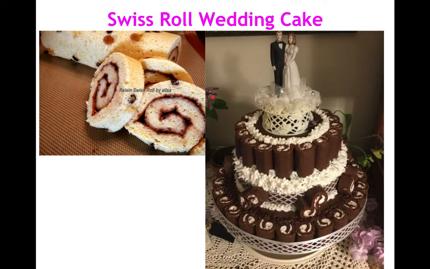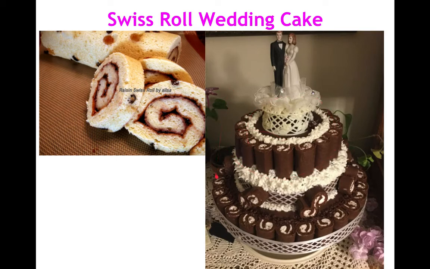So when I think of the structure of compact bone, I think of Swiss rolls that have raisins in them. So you can see you've got this cake. Like here's the wedding cake. We've got lots and lots and lots of Swiss rolls that have been arranged together in these concentric circles.